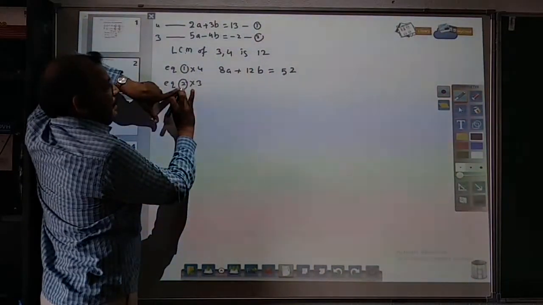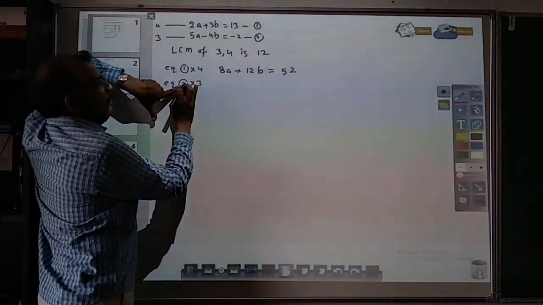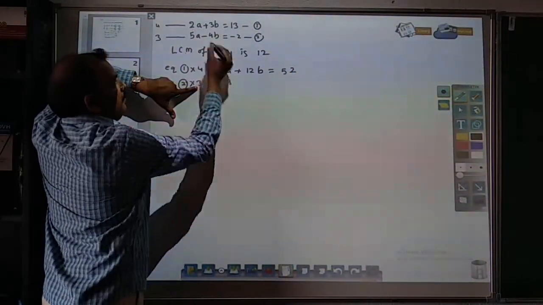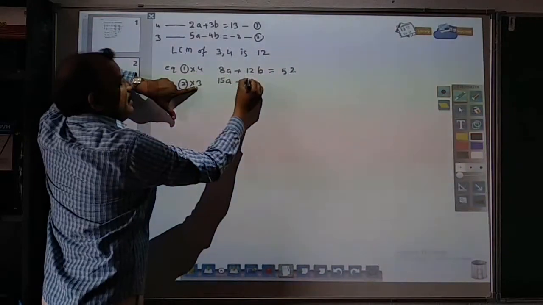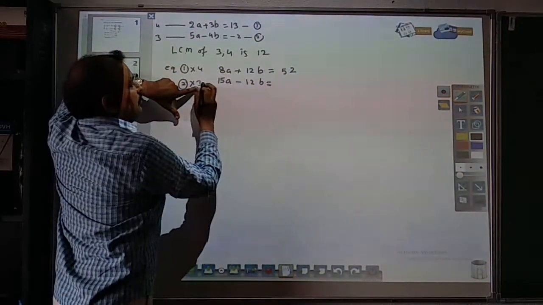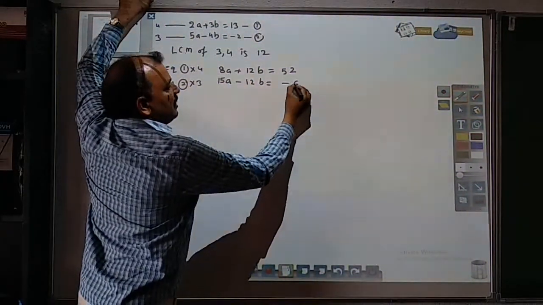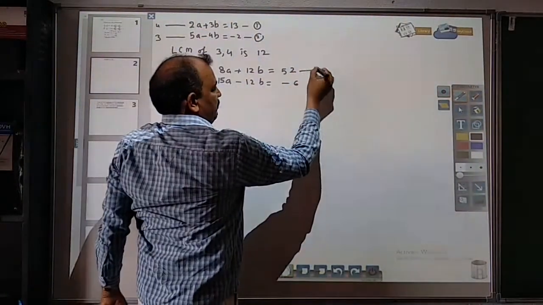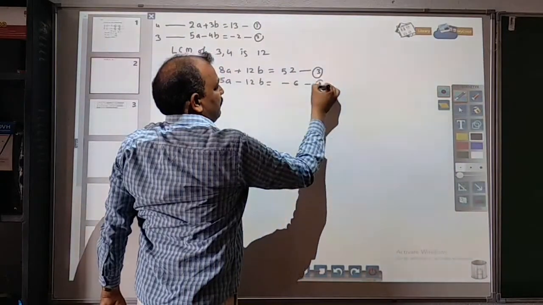Next, equation 2 into 3: 3 fives are 15a minus 3 fours are 12b is equal to 3 into minus 2, minus 6. Here you got two new equations. Let them be 3 and 4.